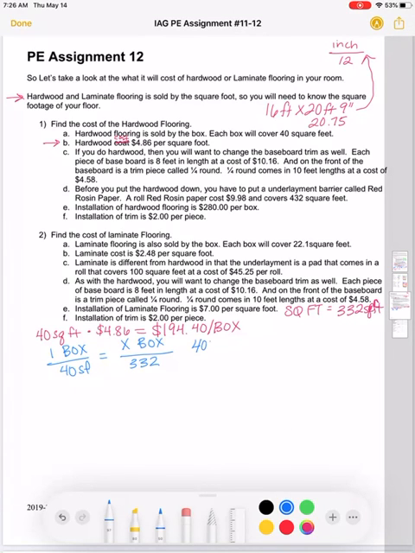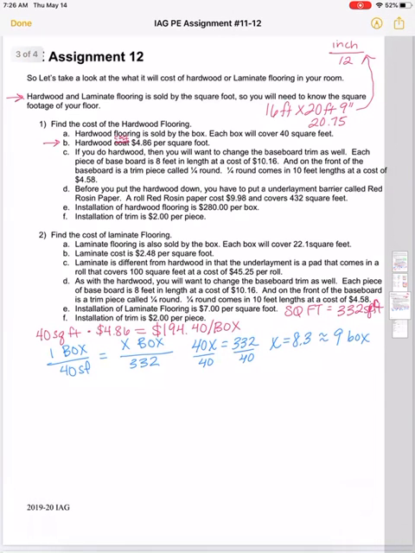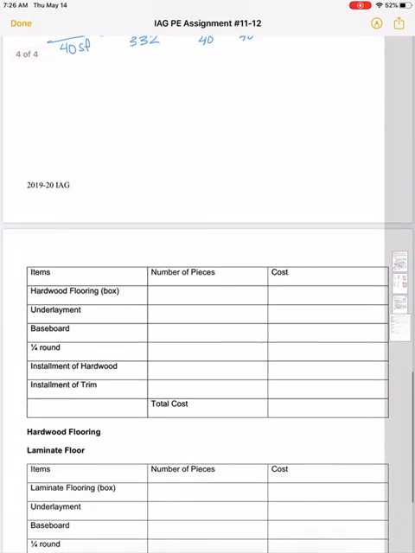So we're going to cross multiply. 40x gives me 332. Divide by 40, divide by 40, x equals 8.3. Obviously, I cannot buy 0.3 boxes, so I have to buy more than what I need, and I need to buy 9 boxes.